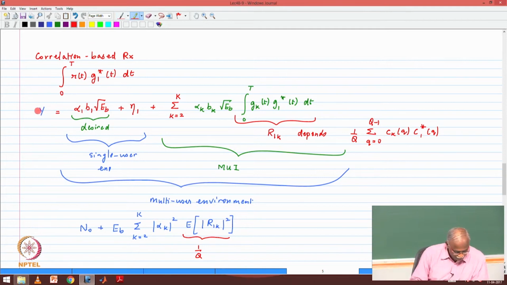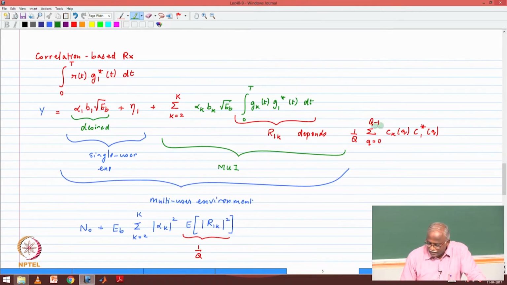So, that is a reference point, and I believe we came to the point of writing down the decision statistic. If I want to pick up user 1 signal, I will correlate with G1 star of t and integrate from 0 to T, and that gives me a decision statistic which is a combination of the desired signal alpha 1 b1 root Eb, plus the noise z of t filtered through G1 star of t, plus the other terms that are present because other user signals are also there.